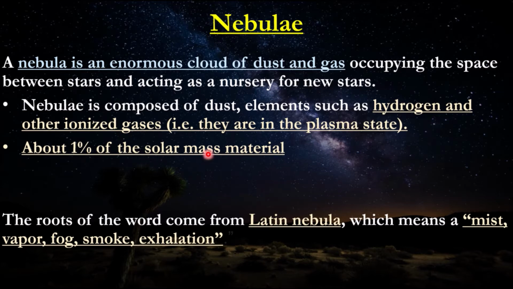So if we compare the mass of a nebula with an actual sun in the main sequence, it's about 1% of that mass. The word nebula derives from the Latin word nebula, which means mist, vapor, fog, smoke, or exhalation. So that's kind of where you see there's sort of like a dust cloud.